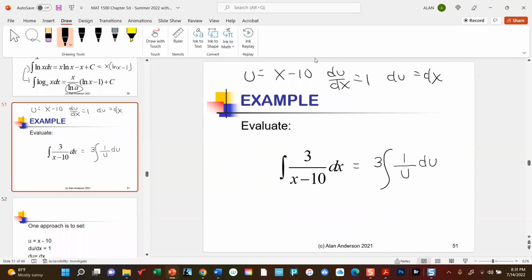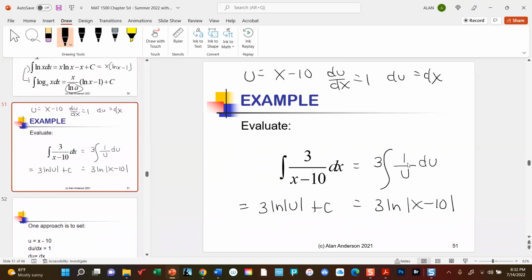Now you recognize this one, because this means you have 3 log absolute u plus c and that's it. It was that simple.